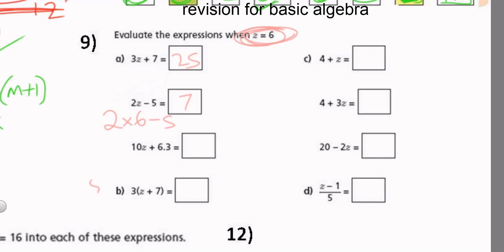Over here, 10 times, replace the z with 6, and then add 6.3. 10 times 6, 60, add the 6 and then the 0.3, that would be 66.3.